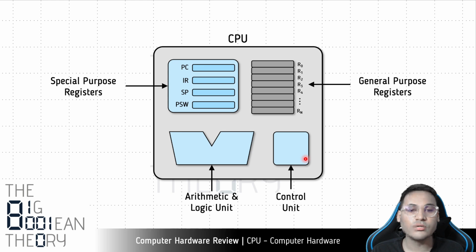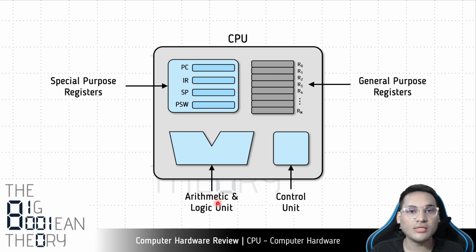So let's talk about the ALU first. The ALU stands for arithmetic and logic unit, and as the name suggests, this unit is where the core arithmetic and logic operations are performed. Most of the instructions that we have in our program are arithmetic and logic operations. You're combining some operands in some way.